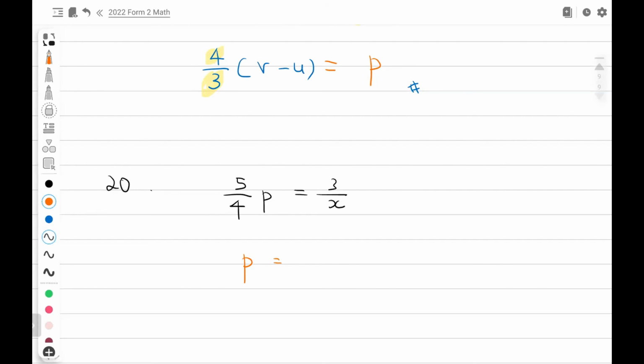Okay, yes. So we can write 3 times 4, bring this 4 up, then bring down the 5, over 5x. So p equal to 12/5x. This one is switching. We are not solving anything. We are switching only, changing the position.